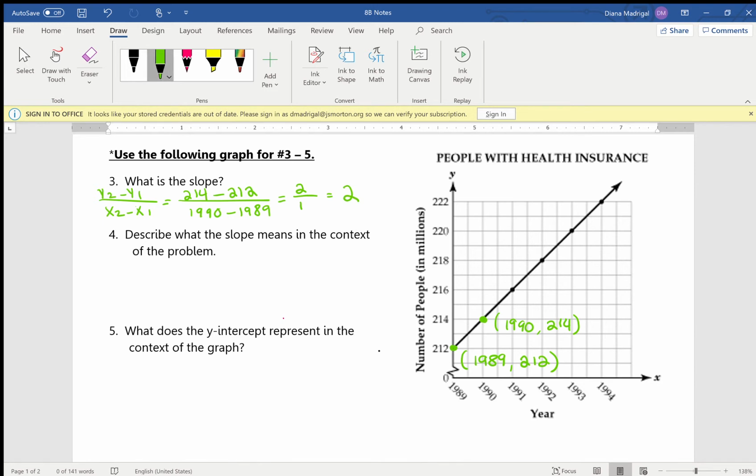The other way you could have shown this is by rise over run. Remember, we have to do rise first, okay, and then run. As you can see, I'm going 2 squares up, going from 212 to 214. That means I'm adding 2. And then don't forget that this point right here is 1989, and then you're moving towards 1990. That means that is 1 year.